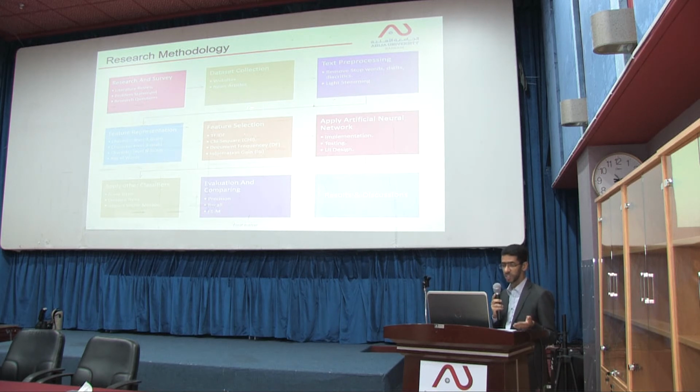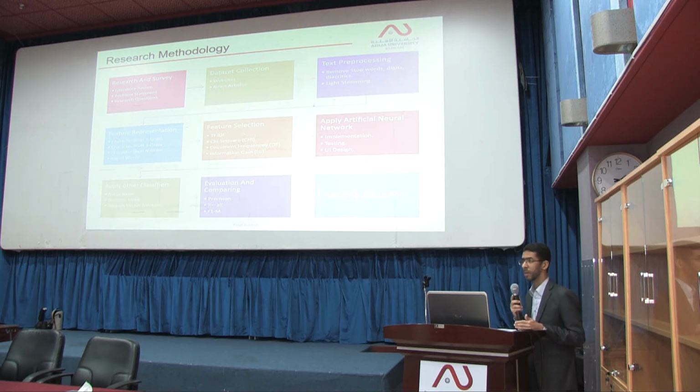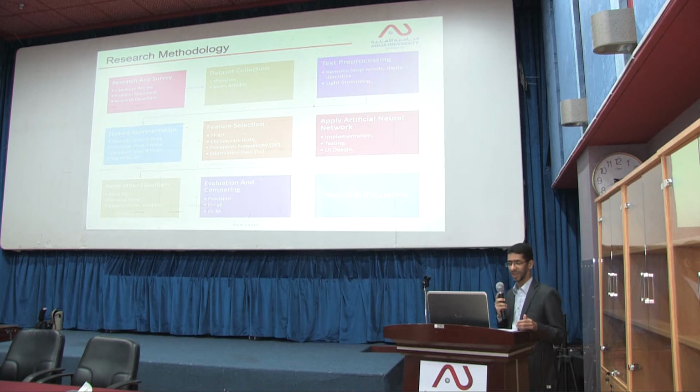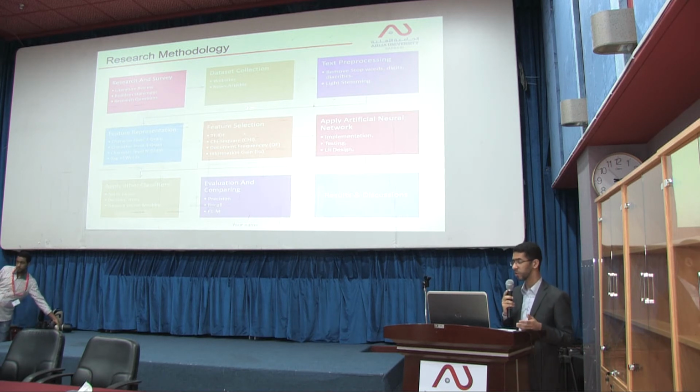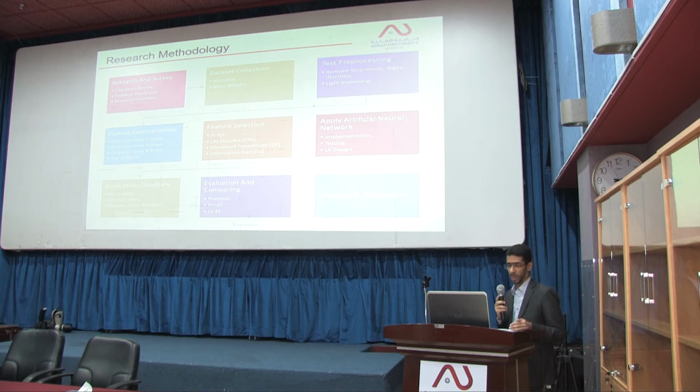For feature representation, there are different ways, such as character level 2-gram, 3-gram, 4-gram, n-gram, or bag of words. And for feature selection, there are different algorithms, for example term frequency, chi-square, document frequency, and information gain.